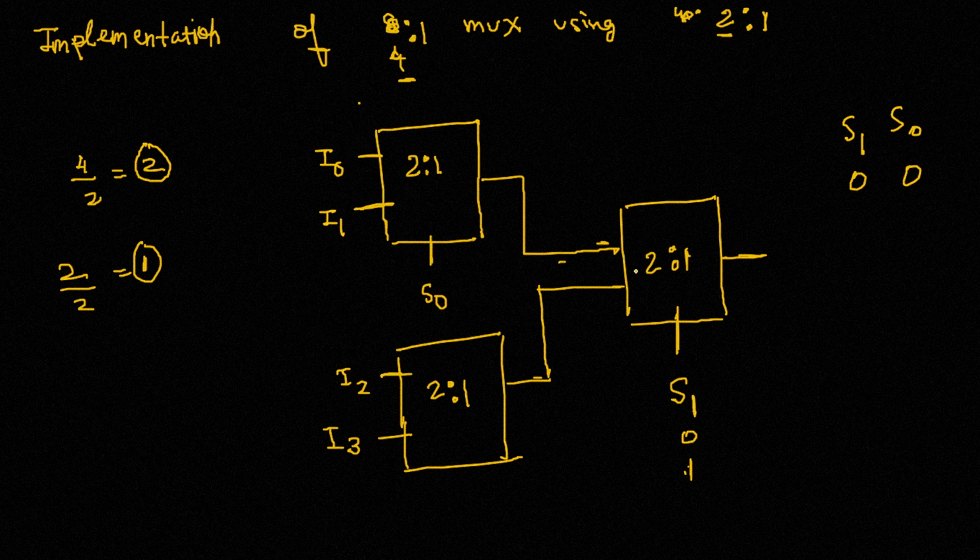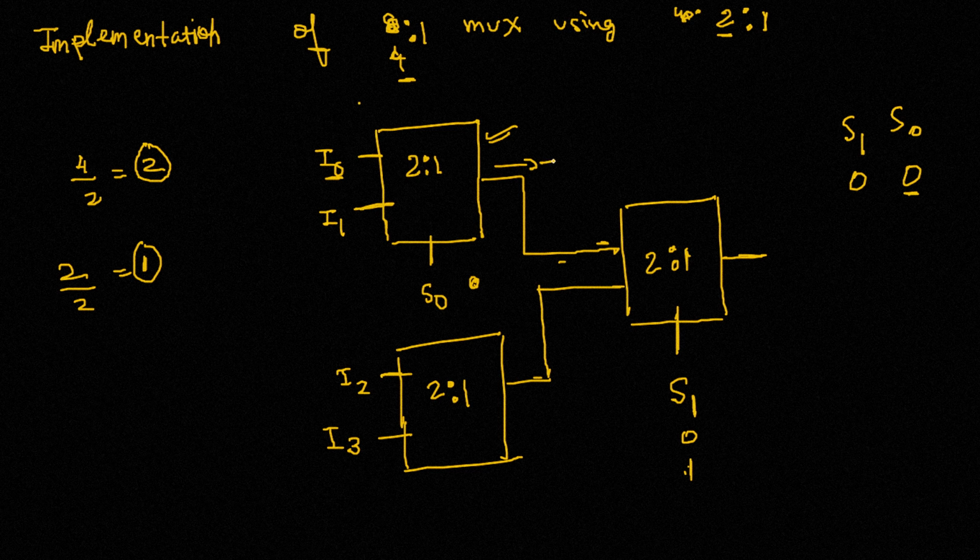So since S1 is 0, it will take the input that comes from the upper 2 cross 1 mux and ignore the input that comes from the second 2 cross 1 mux. And S0 is also 0, so if S0 is 0, it will take the first input of this multiplexer, which is I0.